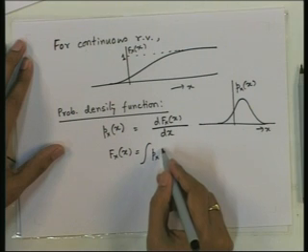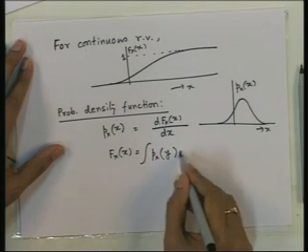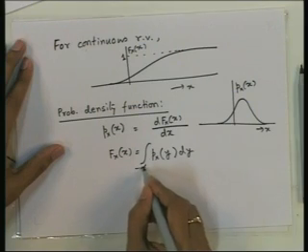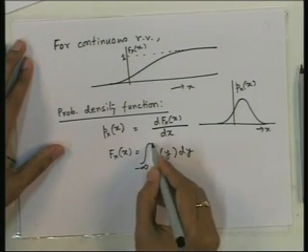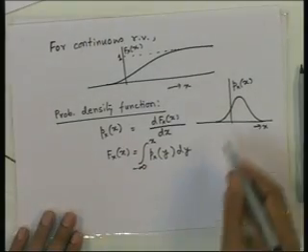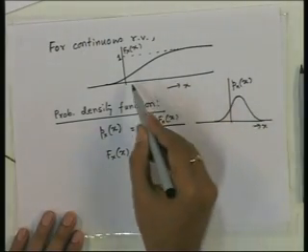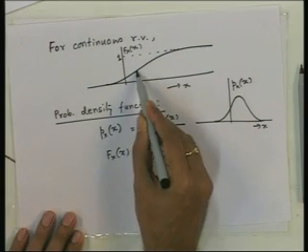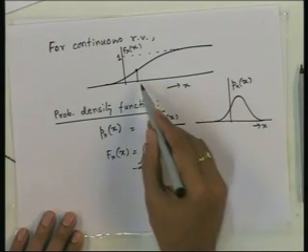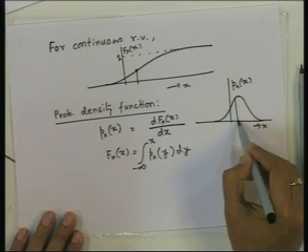So, we need to take an auxiliary variable to integrate, dy from minus infinity to x. So, this is basically the area under this curve till x. So, take this value here, this area.